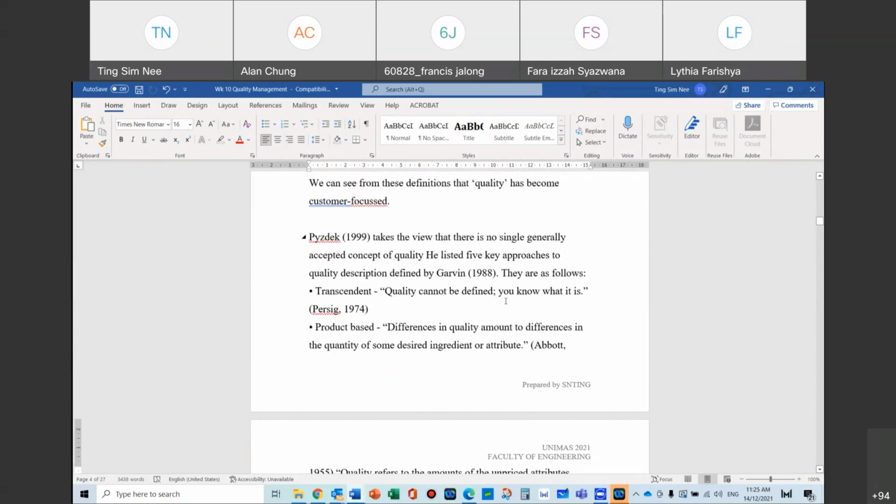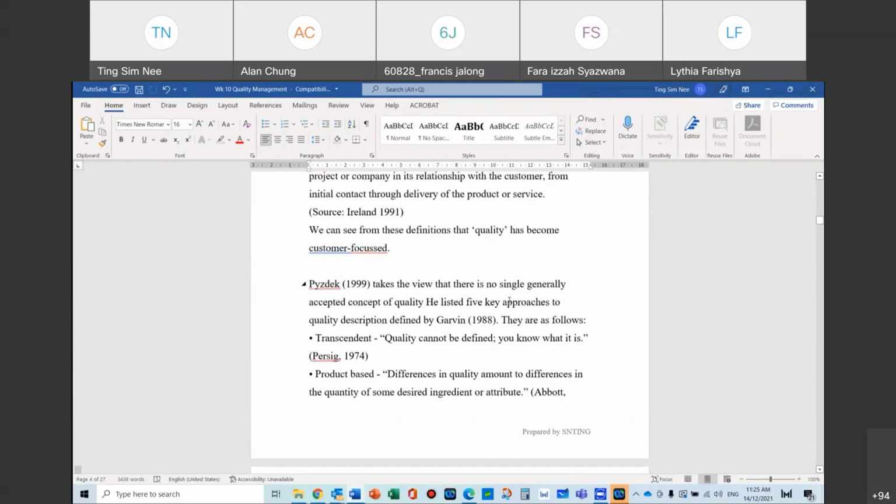Transcendent is the perceived quality, you cannot define it, you just know it. Sometimes you ask your friend, why you marry this guy, and they say, I don't know, it just feels right, that is transcendent. Come on, we're not going to apply that into the final features of our product.